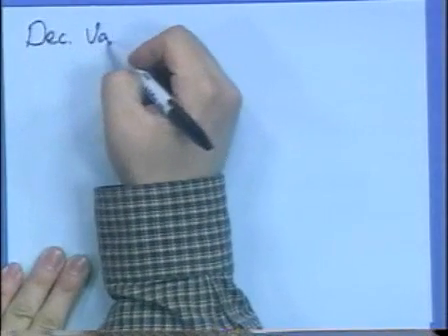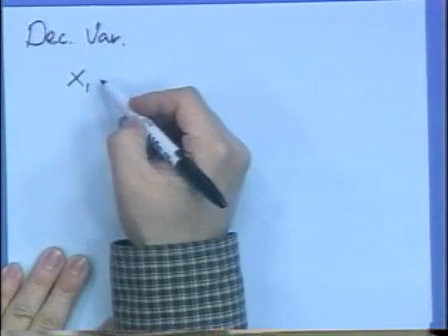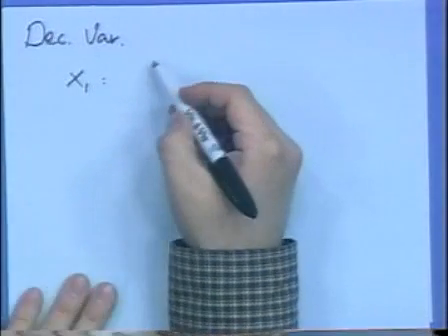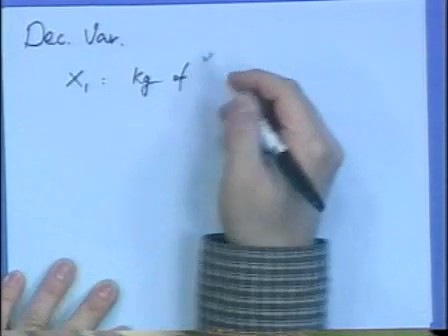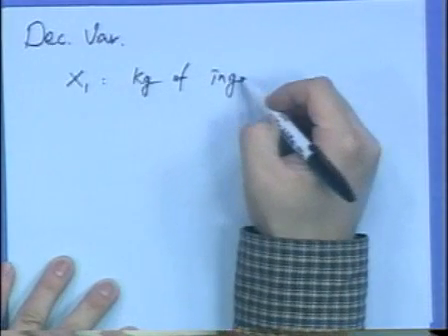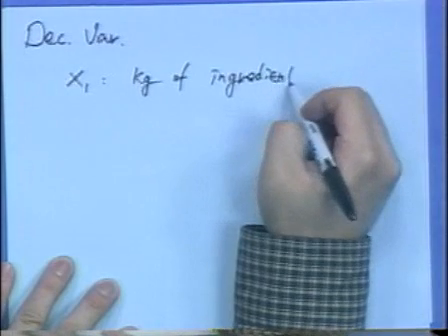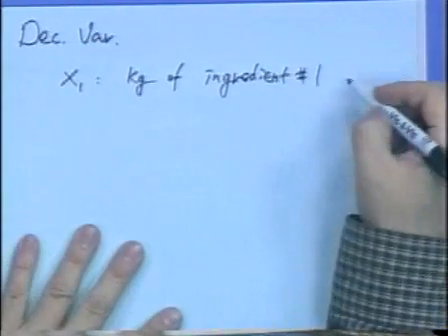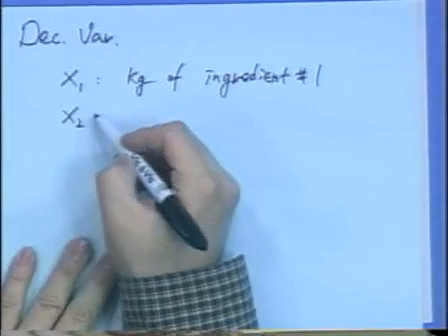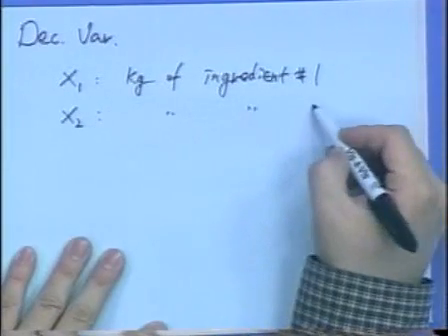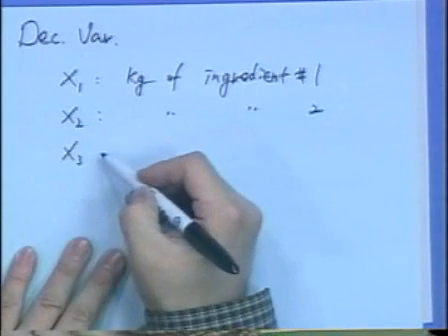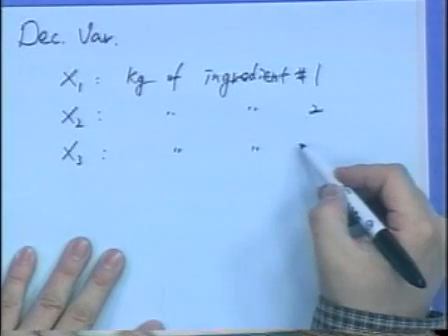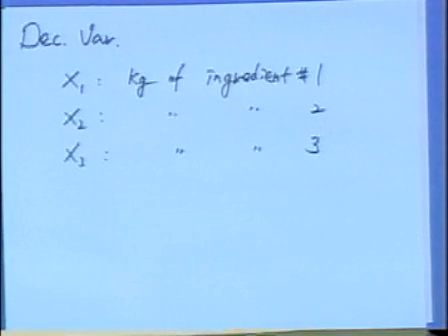So let's say x1 represents the kilograms of ingredient number 1 included in the mixture, okay? And x2 is the kilograms of ingredient number 2, and x3 would be ingredient number 3 included in the mixture, okay?